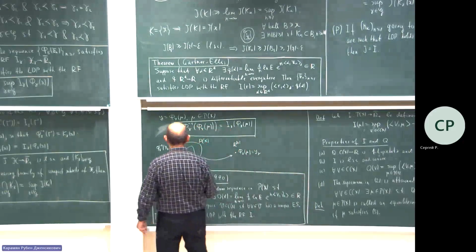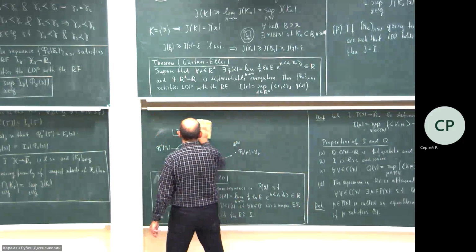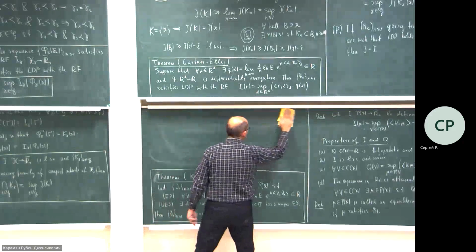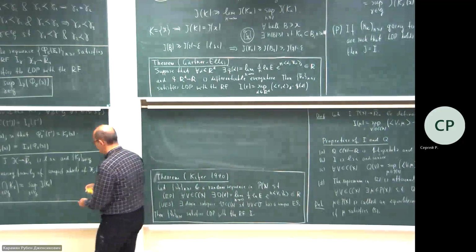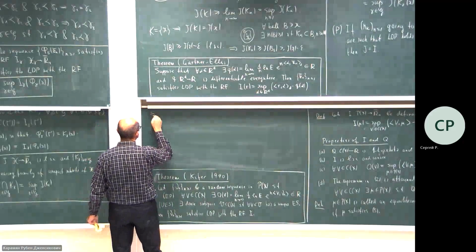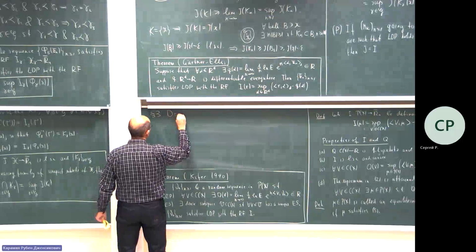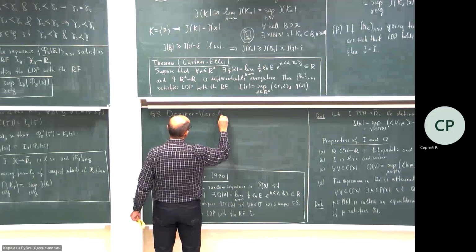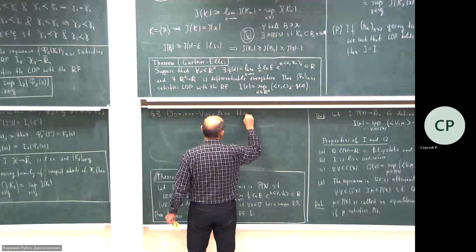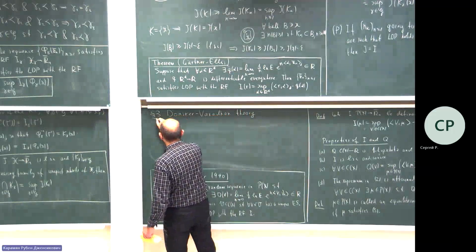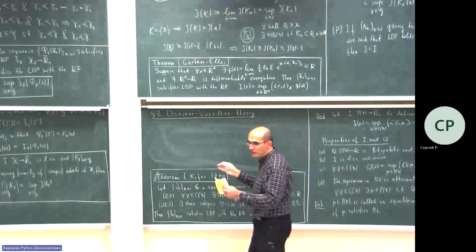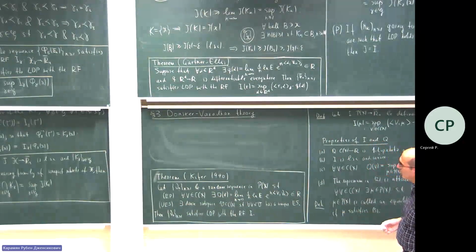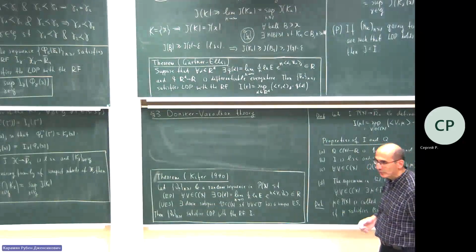In the third section, Donsker's theory. Well, it is indeed a theory because it is not about just one theorem. It is a general idea, a general approach for obtaining large deviation principles for Markov processes or Markov chains.